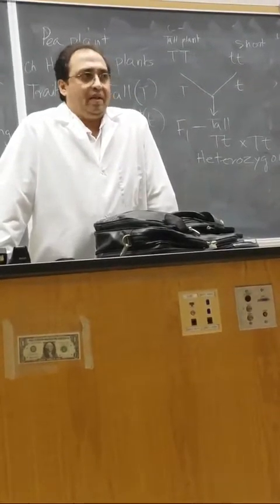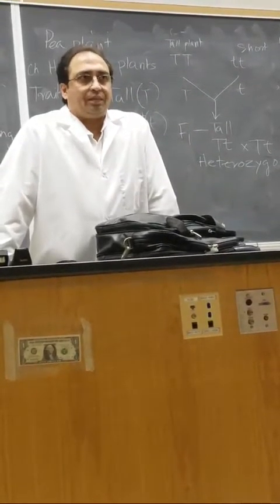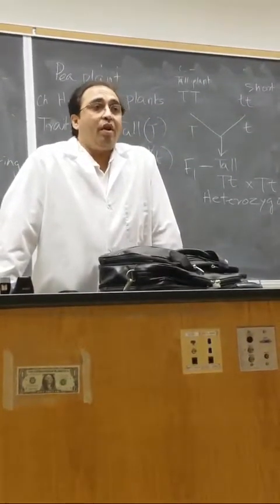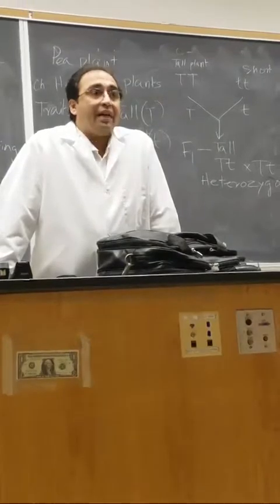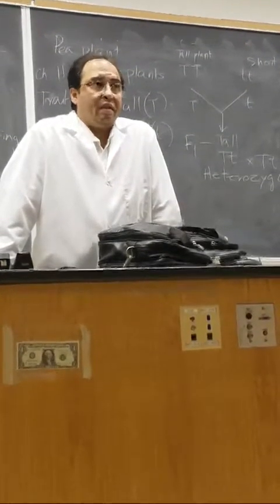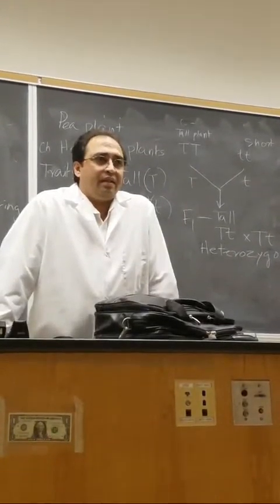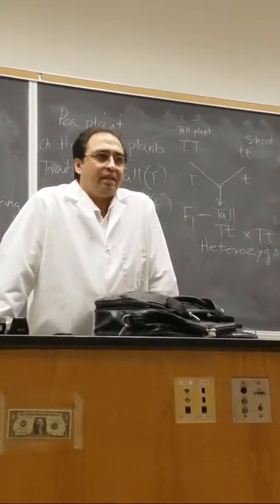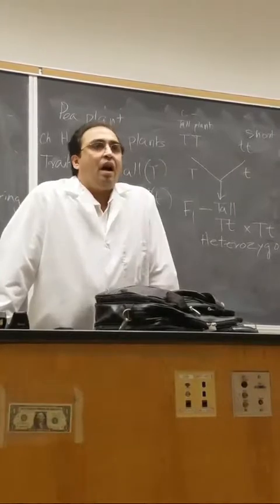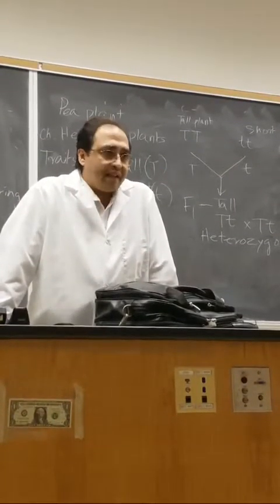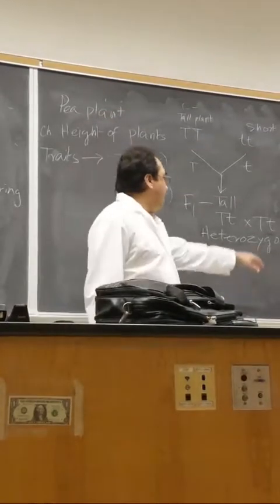Why monohybrid? What does it mean? First, we need to know what is mono, and second, what is hybrid. Mono means one. Hybrid means the combination of two different traits, so that is the heterozygous one.